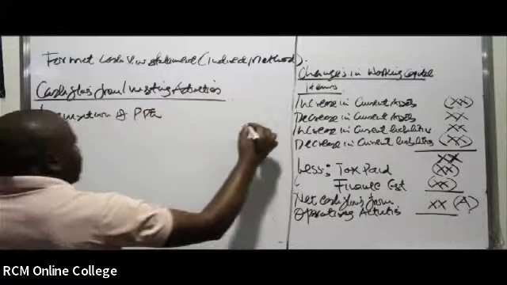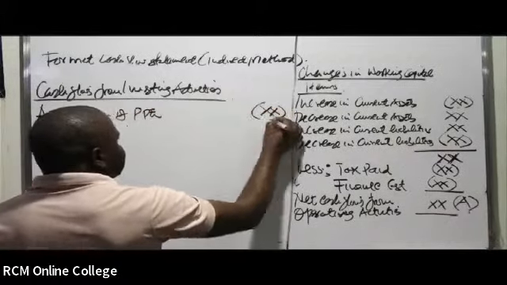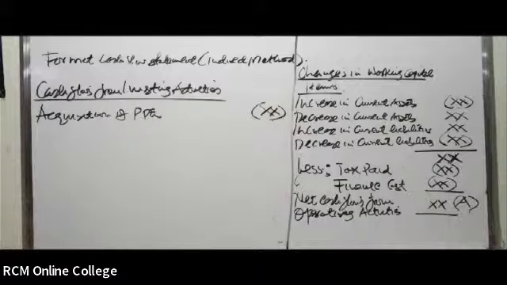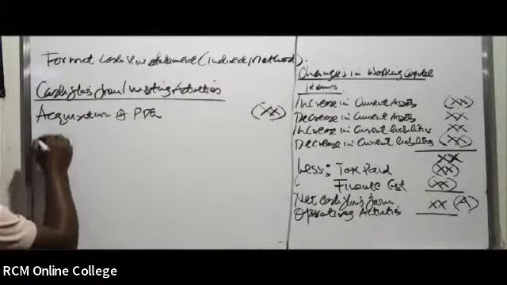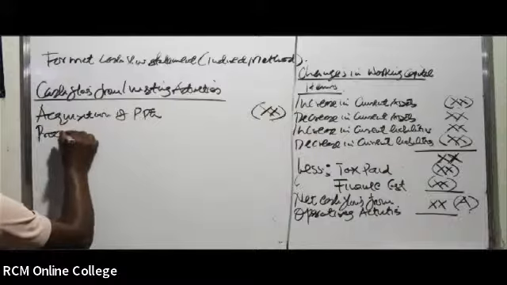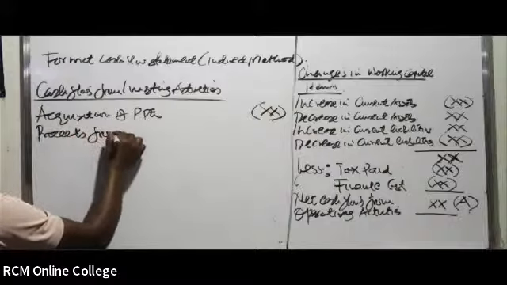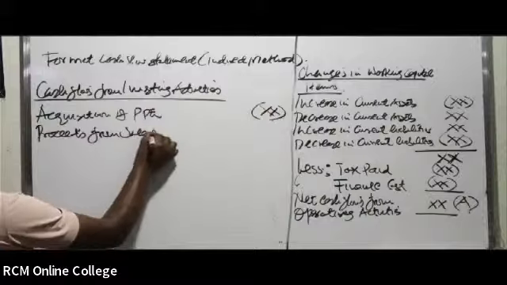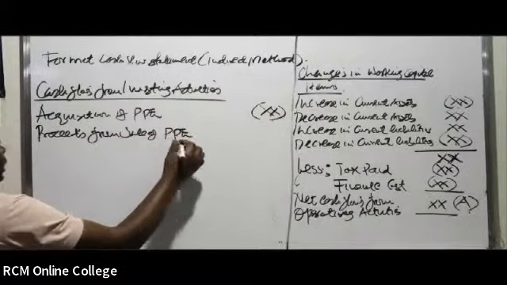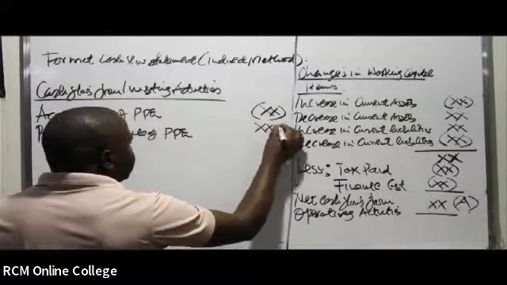Money was going out, so you deduct. Then proceeds from sale of PPE. This is an inflow, money is coming in.